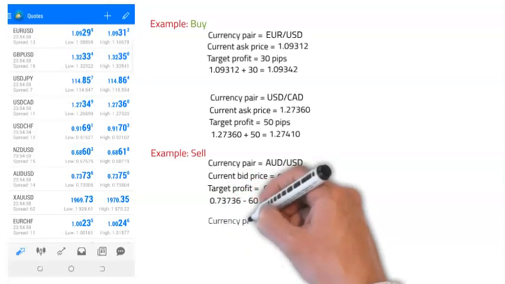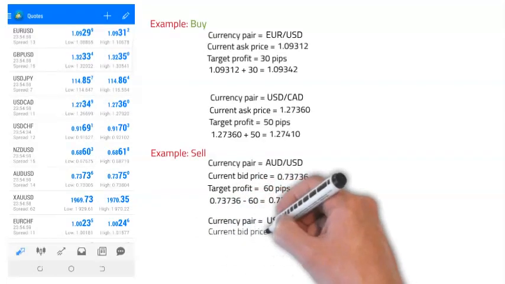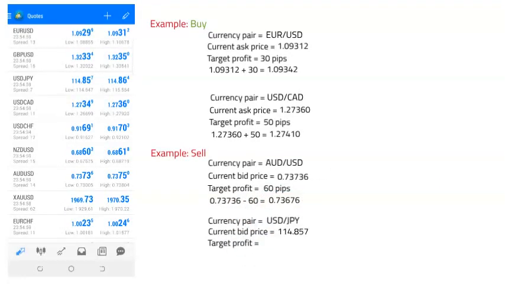Let's see another example. Let's say that after my analysis, USD weakened because of bad news and I want to short, that is to sell USD JPY. And I only want a take profit of 25 pips from the current bid price of 114.857. Take note, bid price, because we are selling.